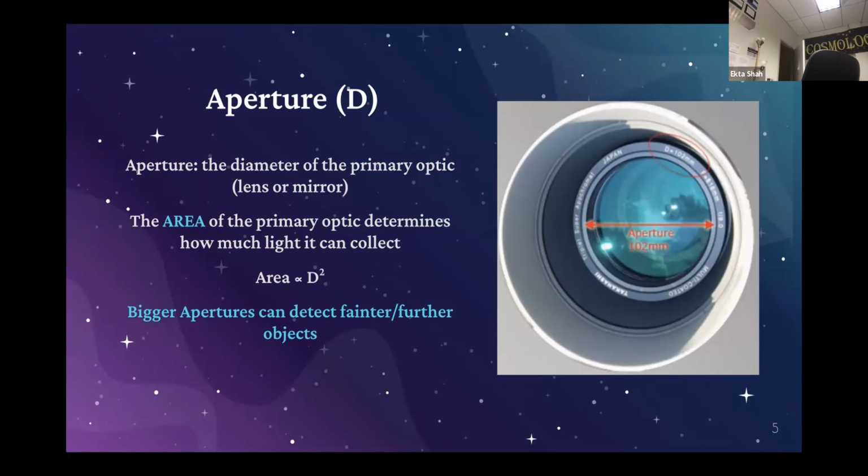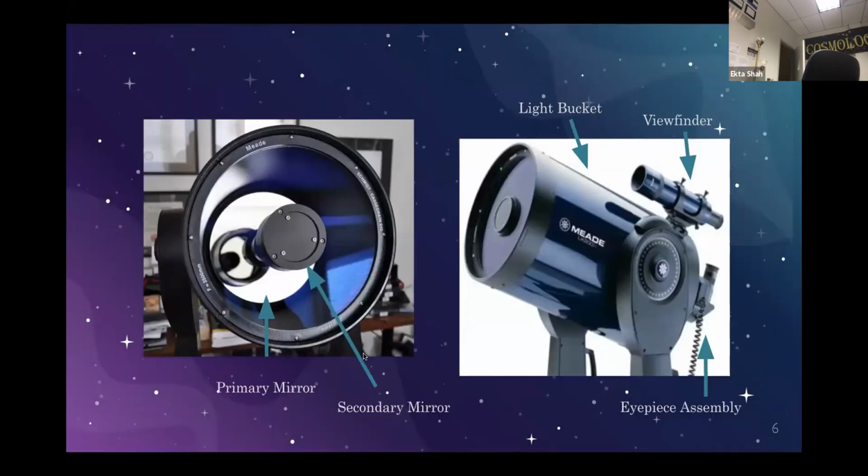If you remember, the area of a circle is pi r squared, or you can say it is proportional to the diameter squared. So basically, the bigger your lens or mirror is, the more light you can collect. That's why if you have a telescope that you're using in your backyard, of course, it's going to be much smaller than, for example, Keck, right?